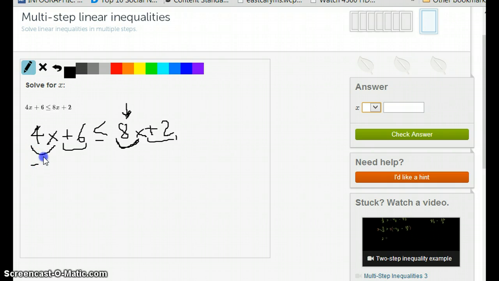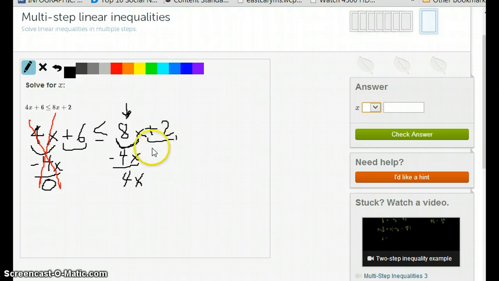So we're going to subtract 4x from this side, and we're going to subtract 4x from this side. By doing that, we get rid of the 4x here, which was our main objective. This side, we're going to have 4x left over. So now we've successfully gotten rid of this term, so it's a little bit simpler.